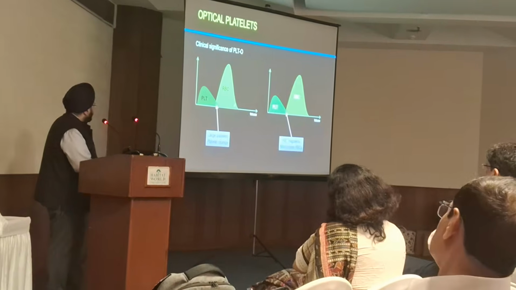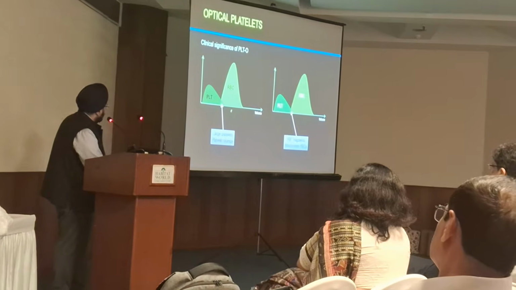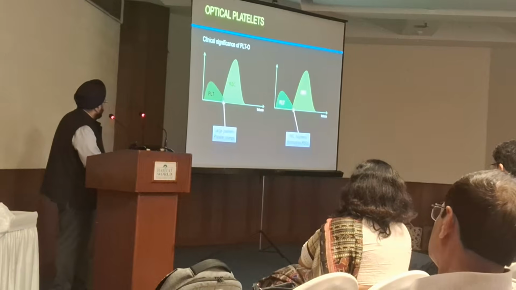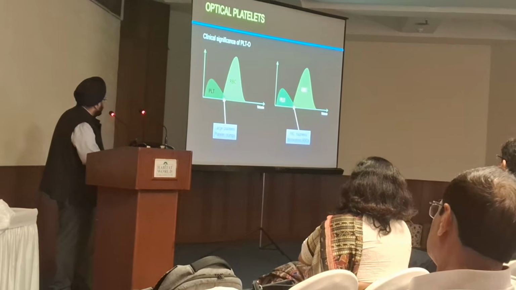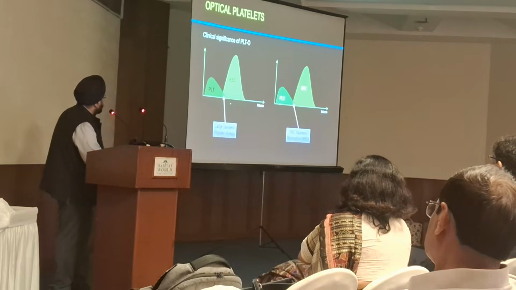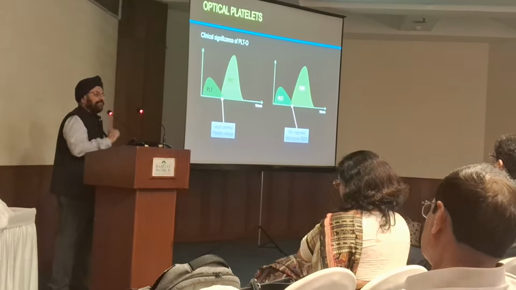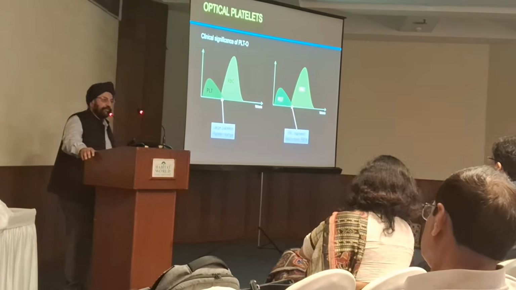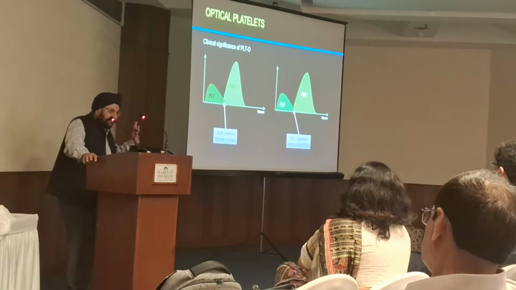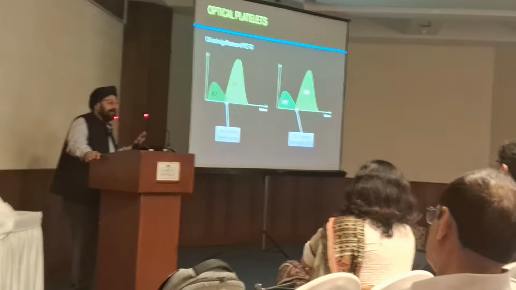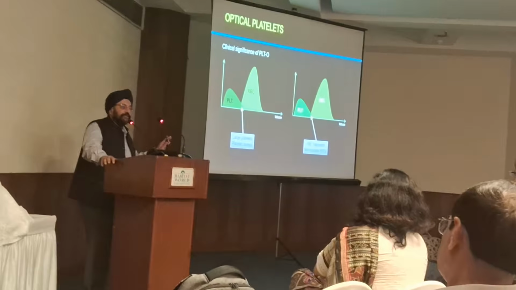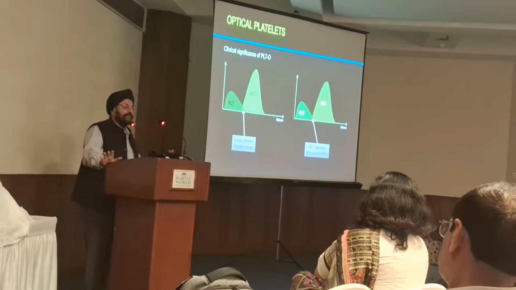So this is the optical platelet, this is the platelet histogram, this is the RBC histogram. So there is this overlap area. These large platelets and platelet clumps are sometimes counted into the RBC. And this is the main problem with the impedance platelet. Because if 50,000 platelets are counted into RBC, RBC का कुछ नहीं बिगड़ेगा.